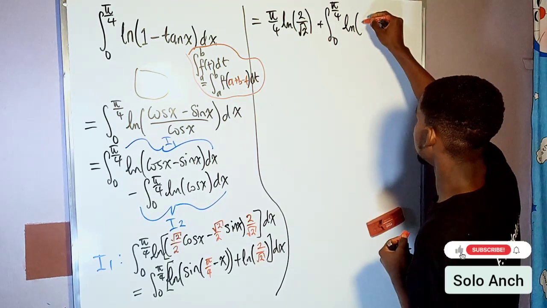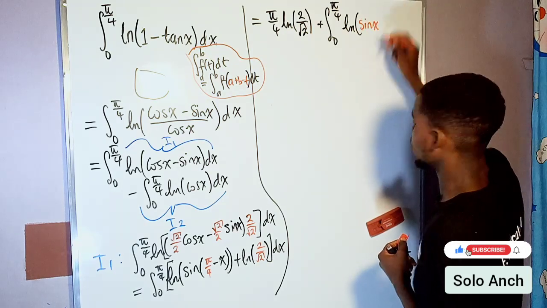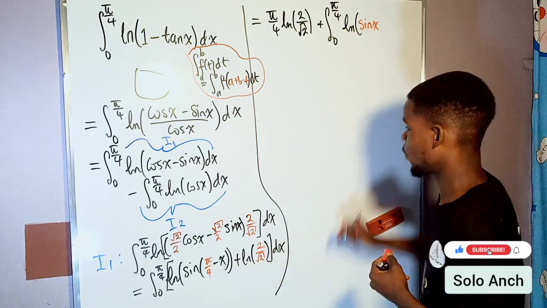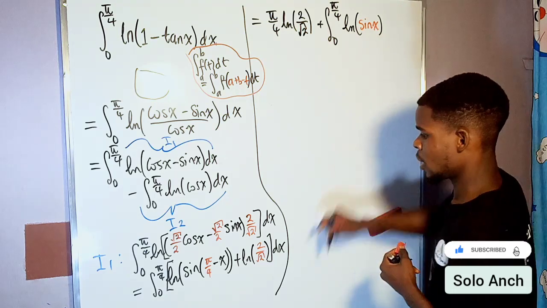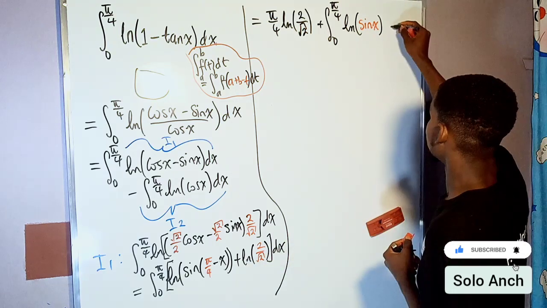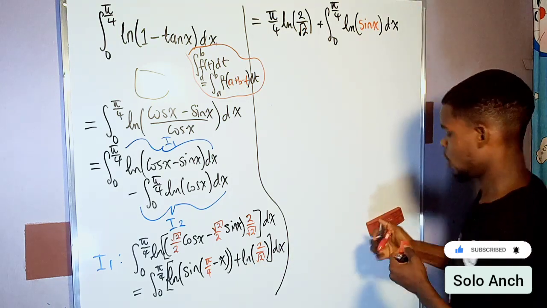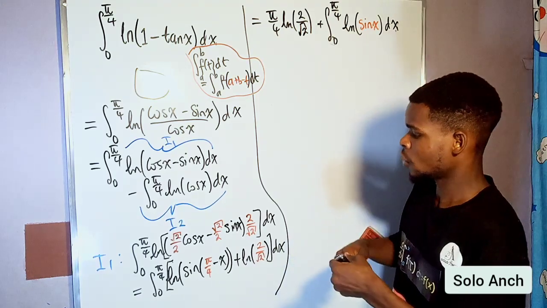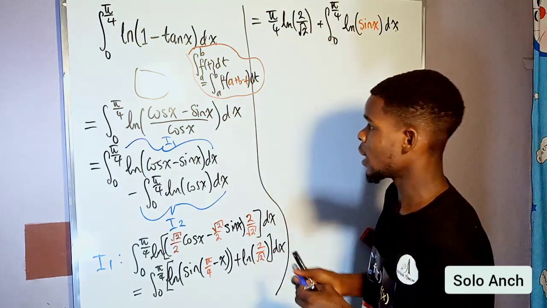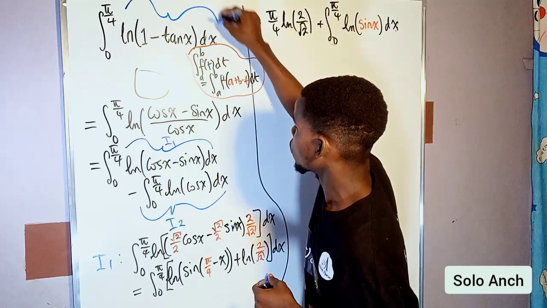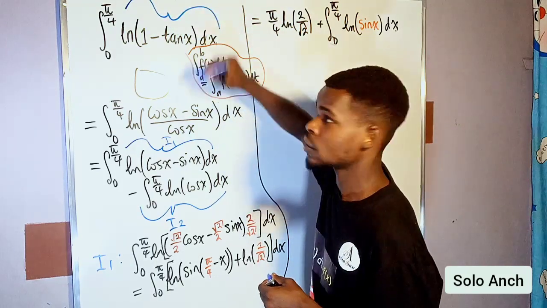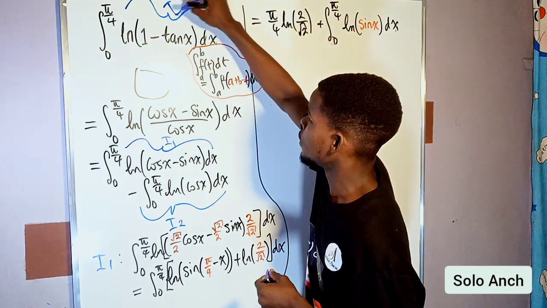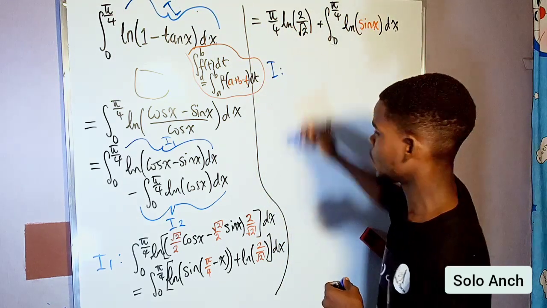So let me just clean this and put sine of x. Okay, great. So that's the natural logarithm of sine of x, and that's what we get. And then we put the dx right here. The original integral, which I'd like to call I, so the I here, that one makes sense.